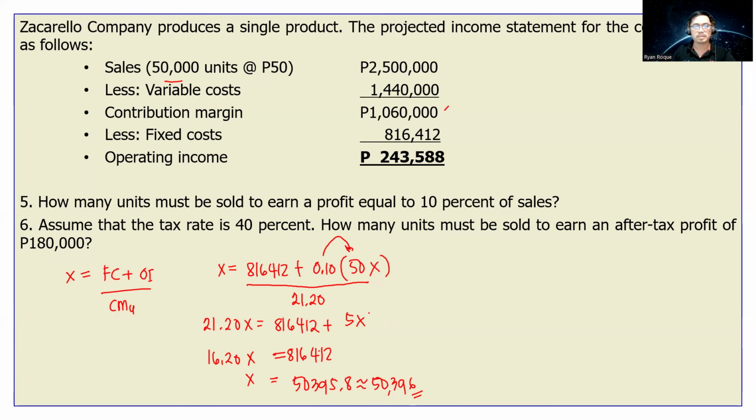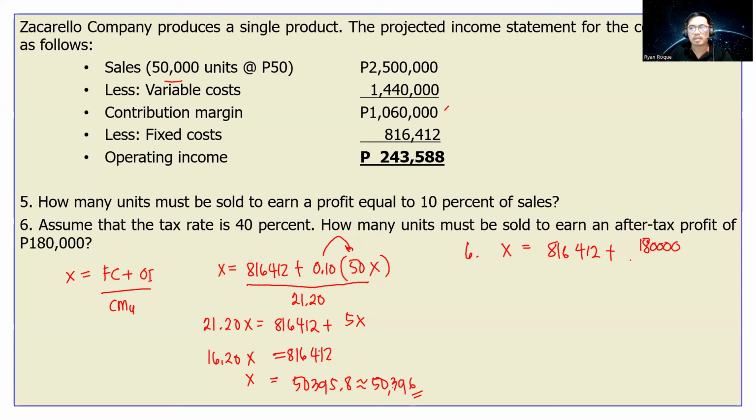Okay, so with number six, we have to assume this time that the tax rate is 40%. So how many units must be sold to earn an after-tax profit of 180,000? So for number six, X should be 816,412 plus the after-tax profit of 180,000.